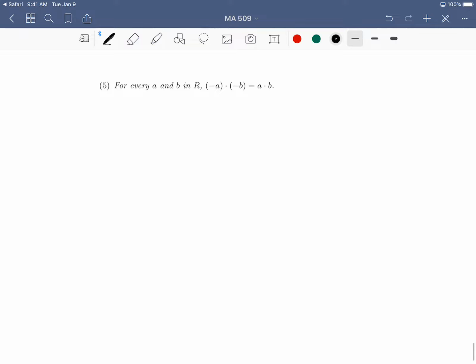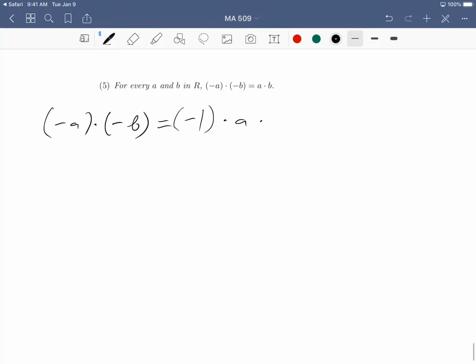So we're going to prove this by thinking about minus a times minus b in light of the above results. So minus a, we know now, is just -1 times a. That's the additive inverse of a, and I can call it -1 times a by that previous property. And I can do the same thing for b.